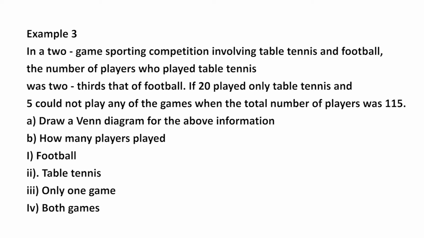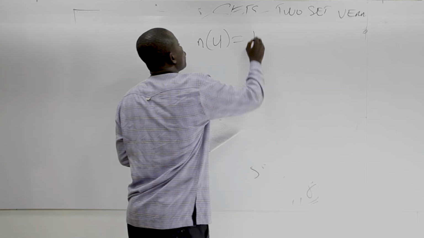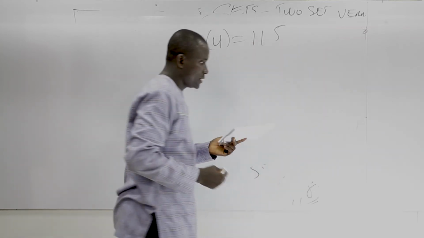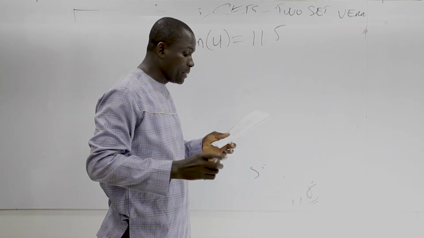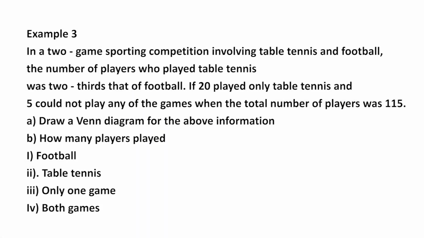Now here, watch it once again. He said that in a two-game sporting competition, NU is 115. But there is a secret element here, which you have to be very careful about. The number of players who play table tennis was 2/3 that of those who play football.